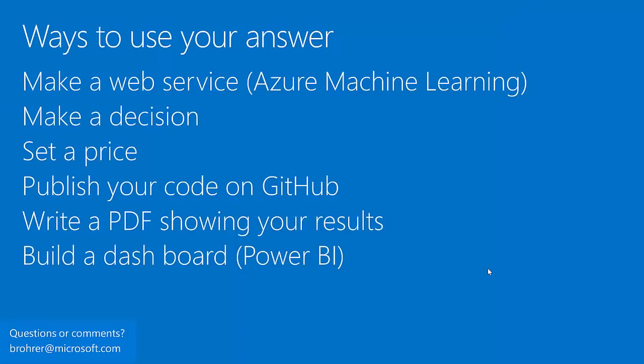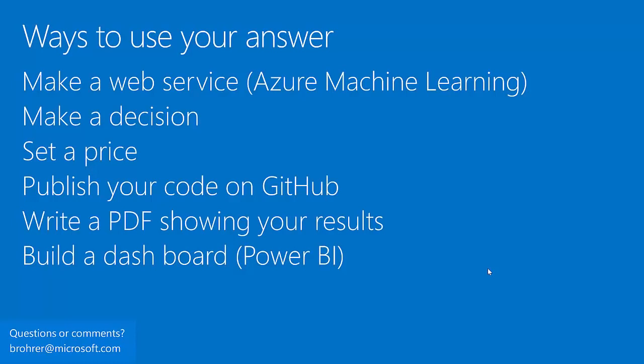So, ways to use the answer we found. You can make a web service. This is something that's exceptionally easy to do with Azure Machine Learning, which the other talks today will cover in depth. You can make a decision. Do I want to go there on vacation? You can set a price. How much do I want to charge for this hot dog?